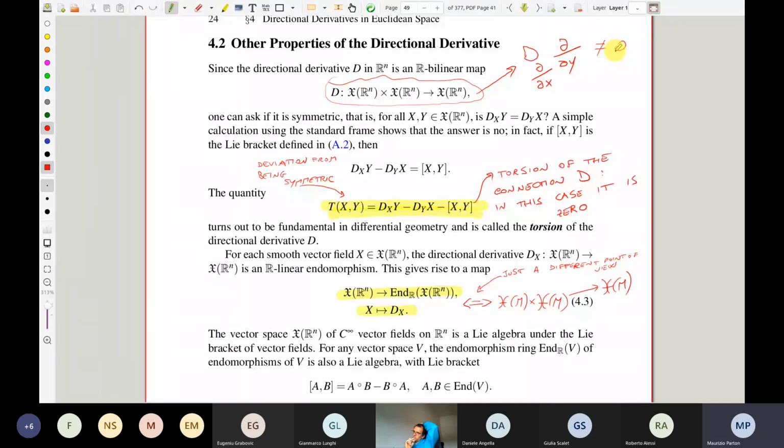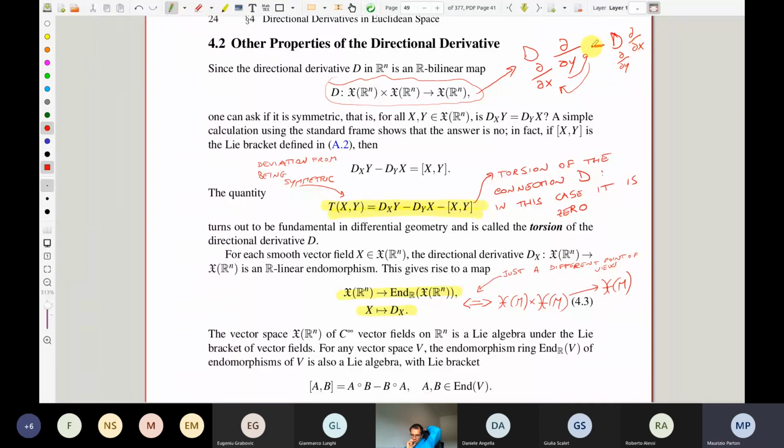But if you take the symmetric one, you exchange them, you can take the derivative in the direction d/dy of d/dx, and you discover that they are equal.